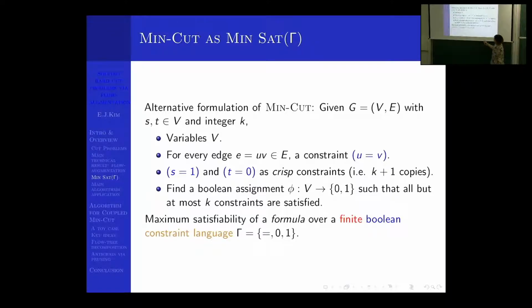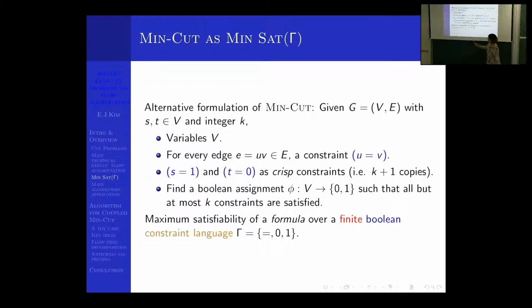You can make a constraint by applying some relation to a tuple of variables of the same arity as the relation. So here, equality has arity 2, so I can apply it to a pair of variables. 0 and 1 have arity 1, so I have to apply them to a single variable.